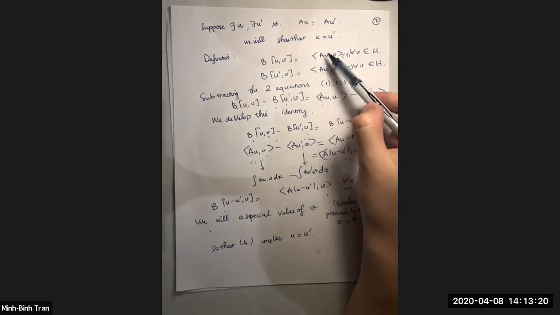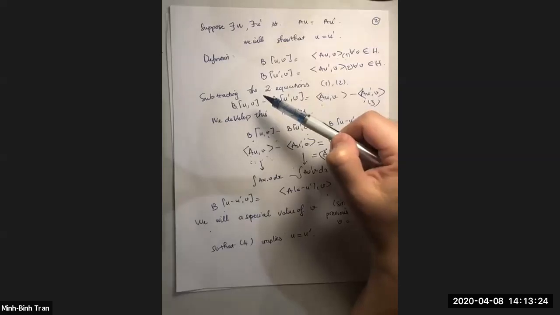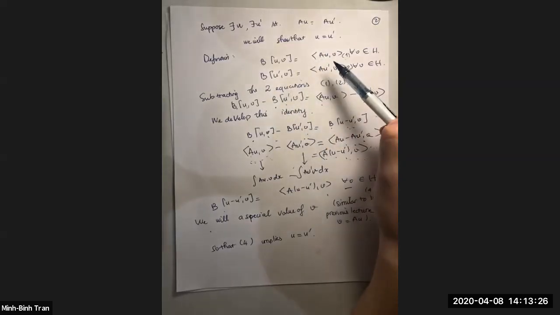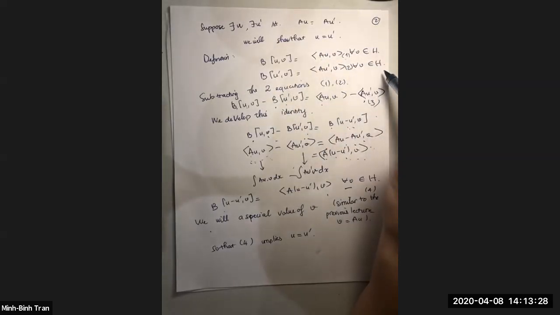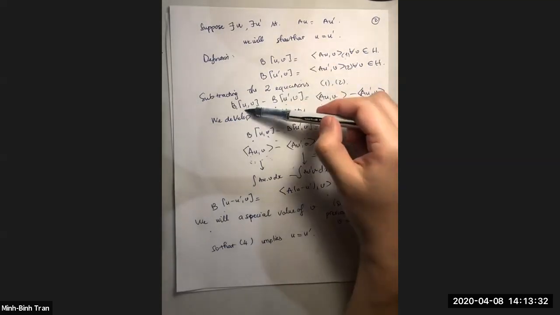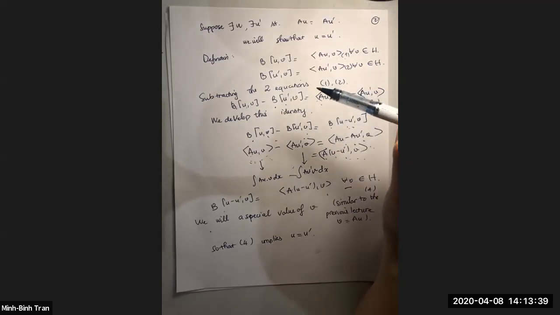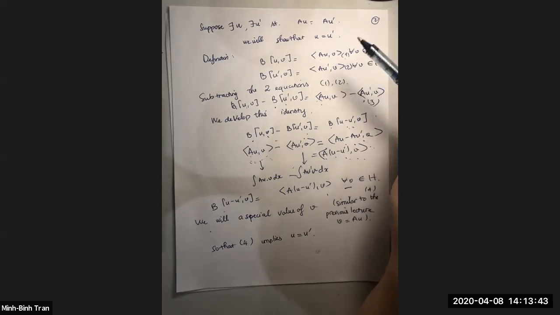We suppose that B(U,V) is equal to A(U,V) for all V in H, and B(U prime, V) is equal to A(U prime, V) for all V in H. Now you subtract the two equations and get B(U,V) minus B(U prime, V) is equal to A(U,V) minus A(U prime, V).